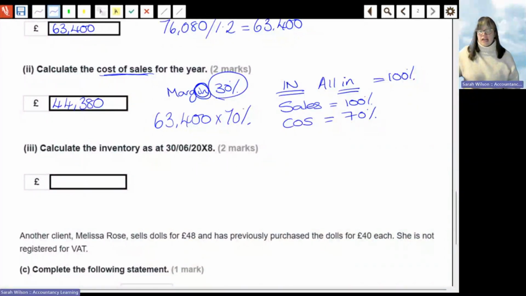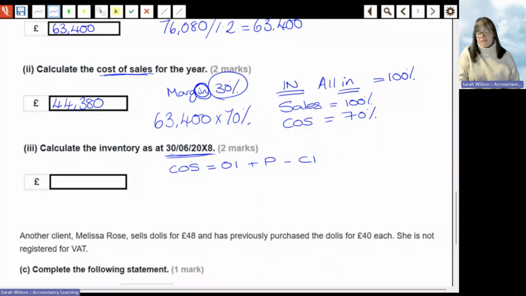And then we need to calculate the inventory at the end of the year. So this is our year-end date. So we're going to be using our cost of sales formula here. So let's remind ourselves, cost of sales is equal to our opening inventory plus our purchases minus our closing inventory.